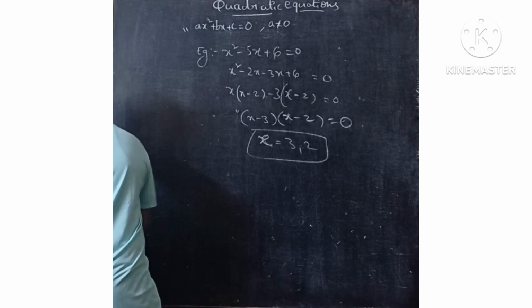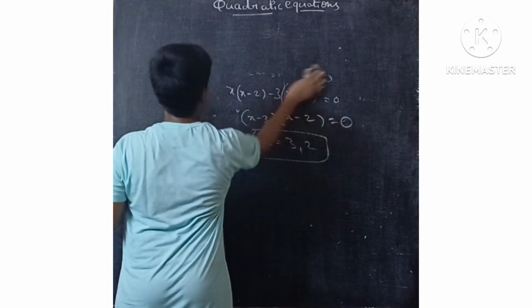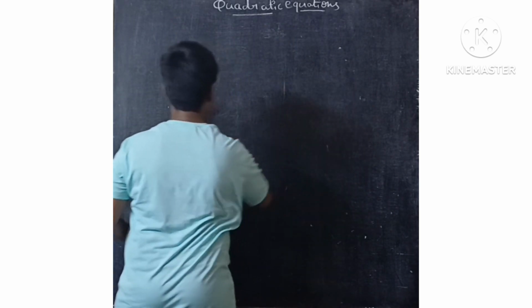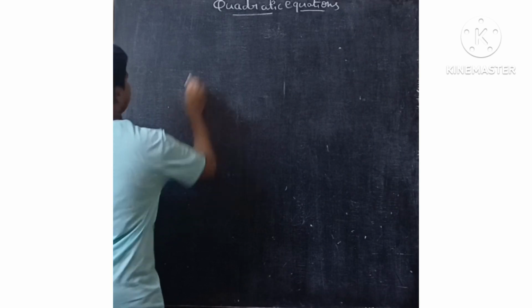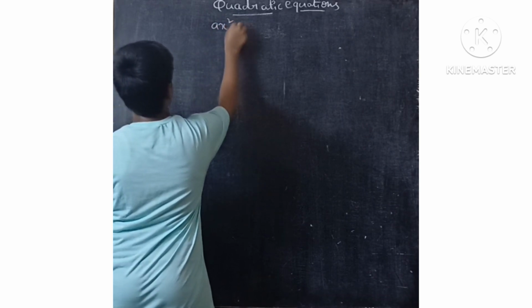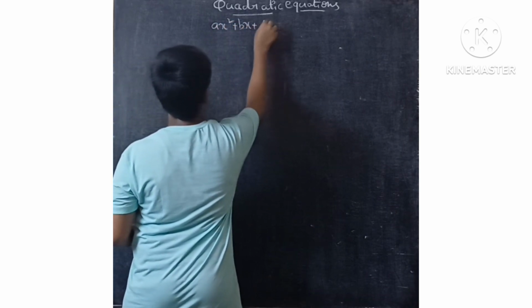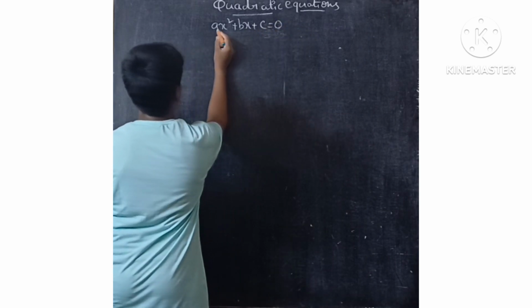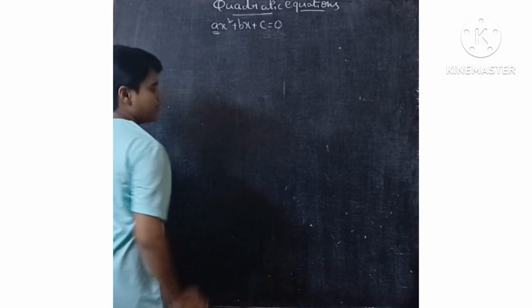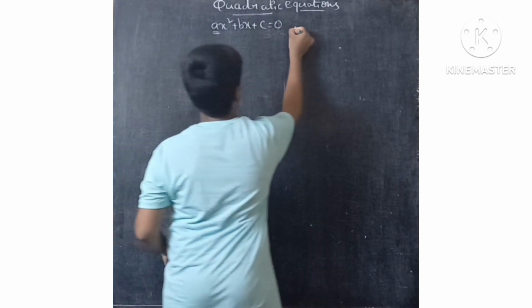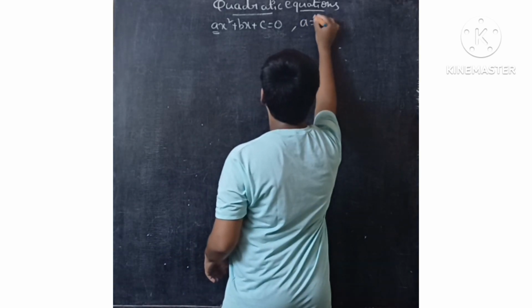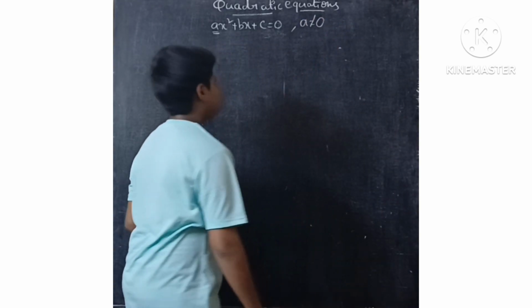And if we see the next topic, here in this ax square plus bx plus c equal to 0, if a equals 0, it is not possible. That's why a is not equal to 0.